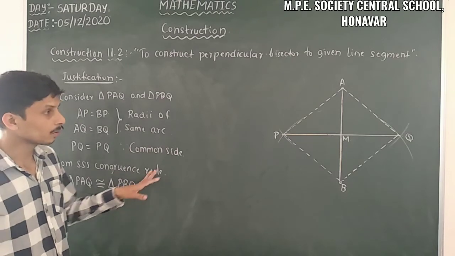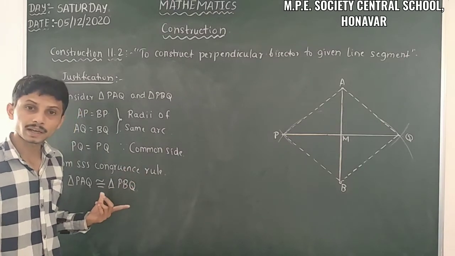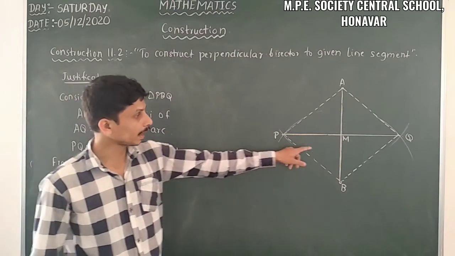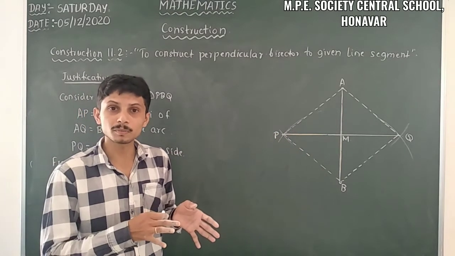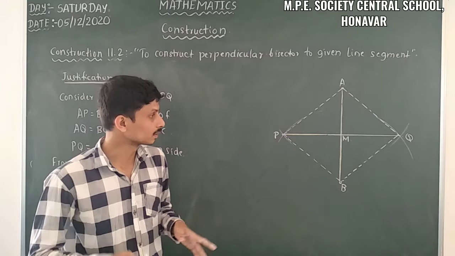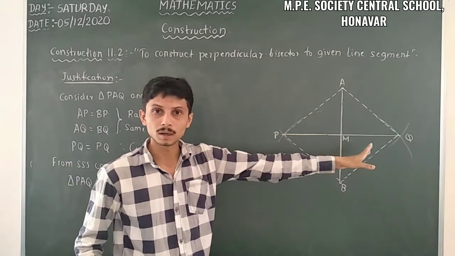These two triangles are congruent, which means we need to see which congruent parts are suitable for our requirement. Just observe from these two triangles PAQ and PBQ.